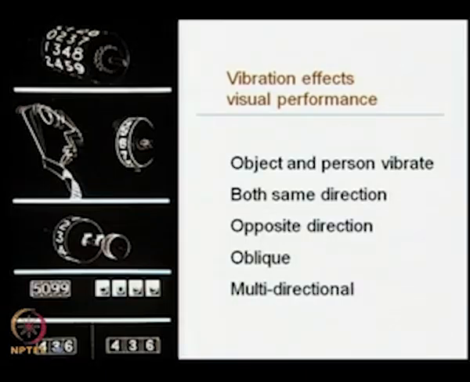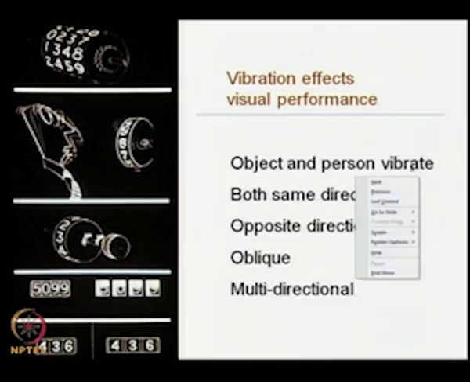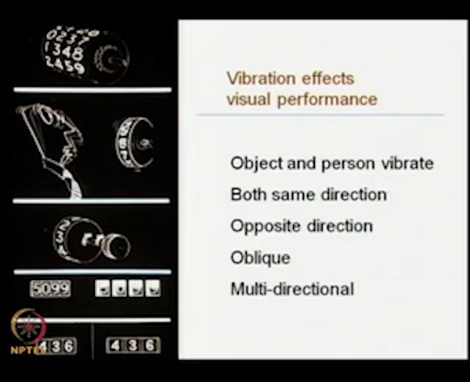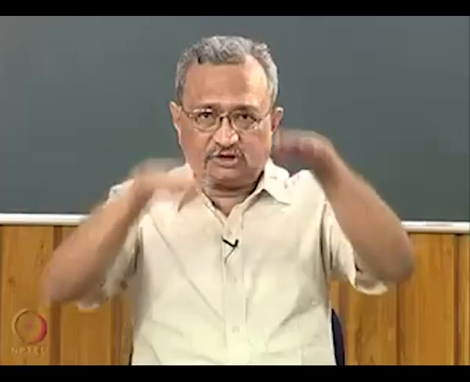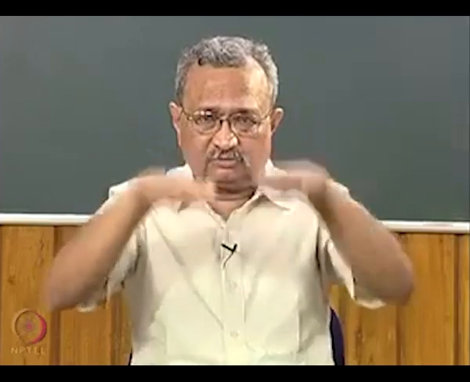Now, vibration affects visual performance. If I want to read something, these figures, and if it vibrates, then it is difficult to read. Object and person both vibrate in the same direction, meaning the object is moving and the person is also moving.